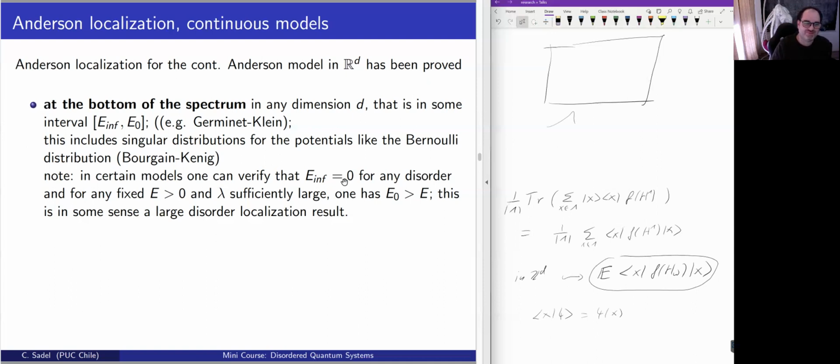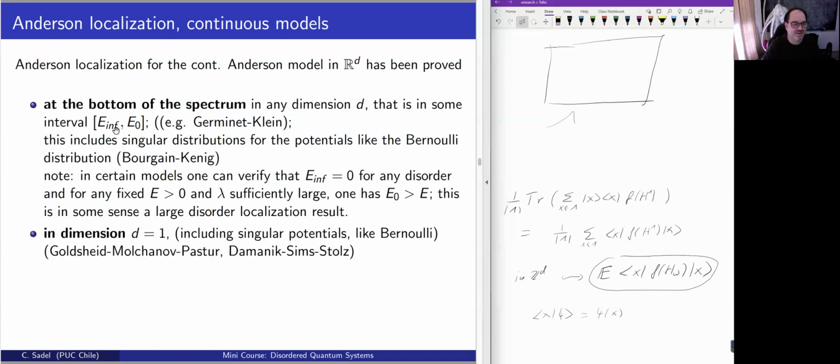Then if you take some fixed energy E and take lambda sufficiently large, you may find that E0 is bigger than E, meaning that E will be inside this interval. So fixing an energy E and making the disorder large enough, eventually you will find localization there, and in this sense you also have some large disorder localization results.